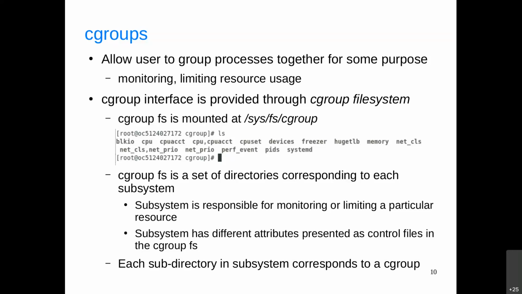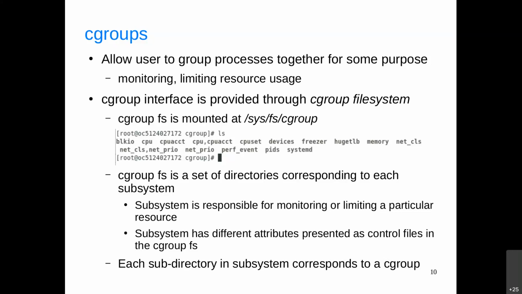For example, there is a memory subsystem which handles all the memory related stuff. There is a cpuset subsystem which allows you to specify the set of CPUs that a process can run on or the memory nodes that a process can use. Then there is the CPU accounting subsystem that provides you information about CPU usage. And there are dozens of subsystems in cgroup that provide you information about the different resources.